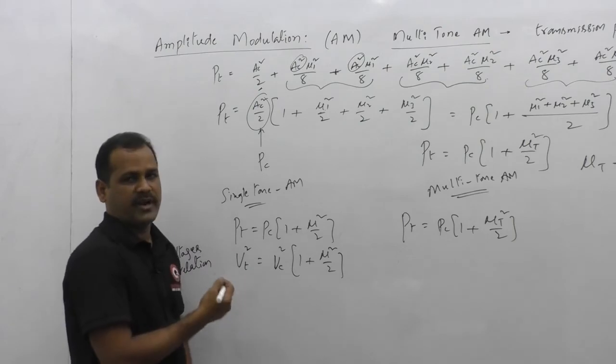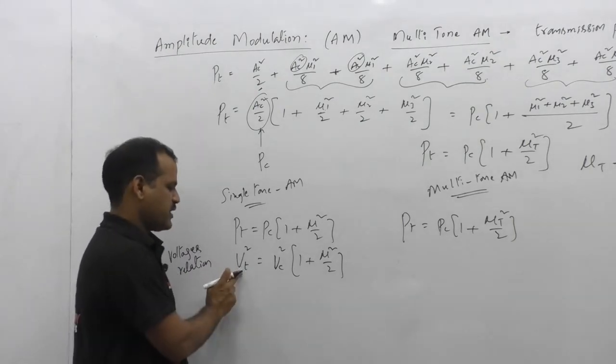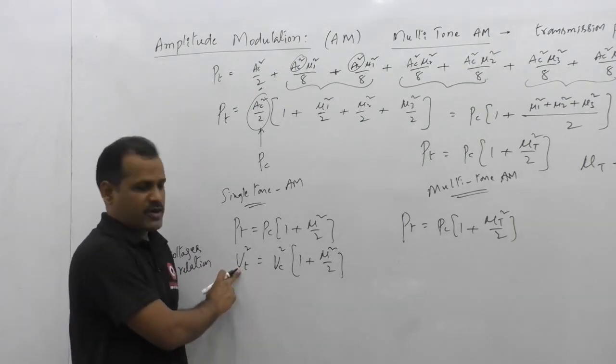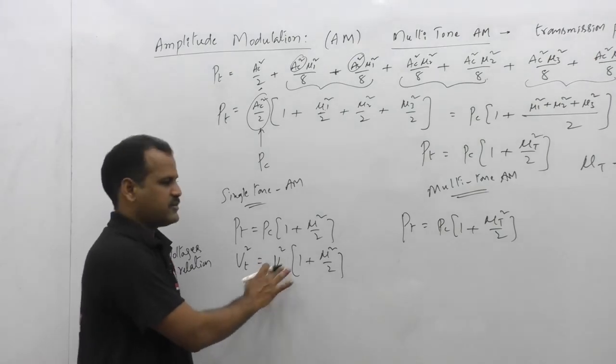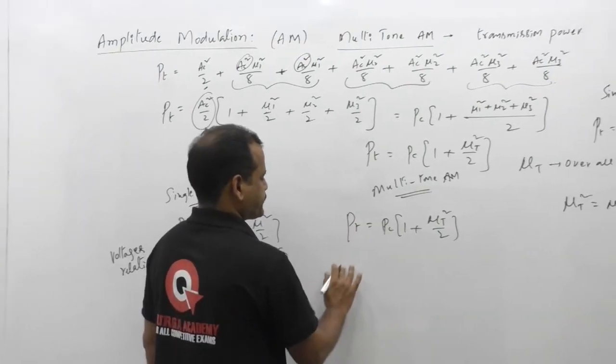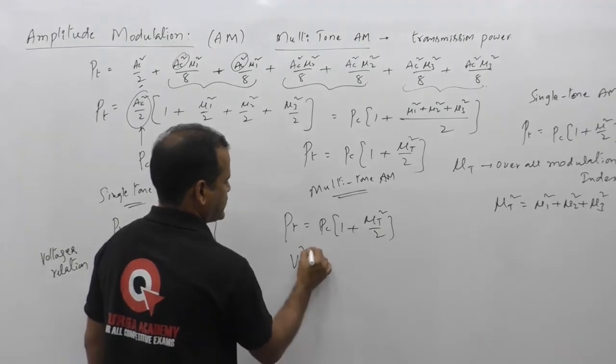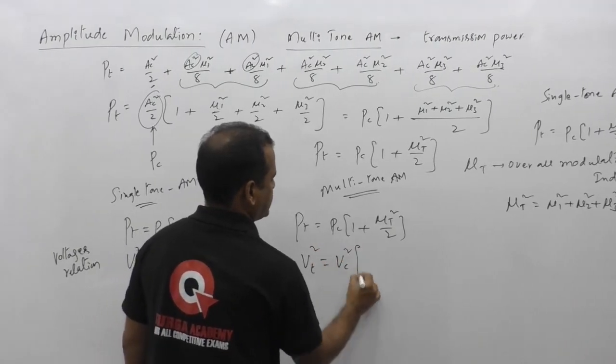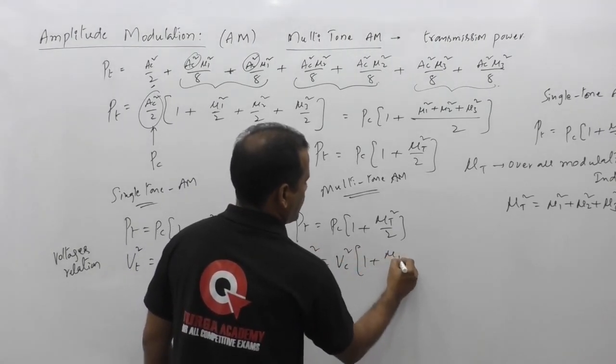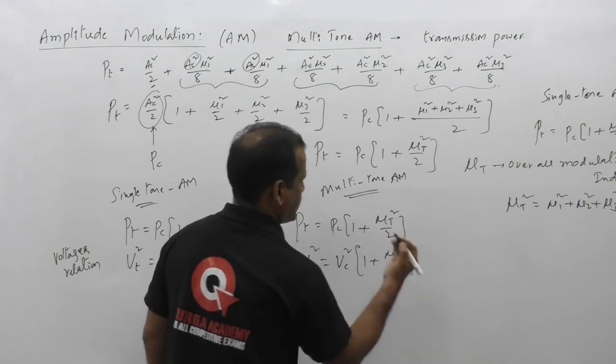For the single tone AM, this is the relation for voltages of the total modulated signal and carrier signal. Similarly, for multitone, we can write a similar expression: VT square is equal to VC square into 1 plus overall modulation index square divided by 2.